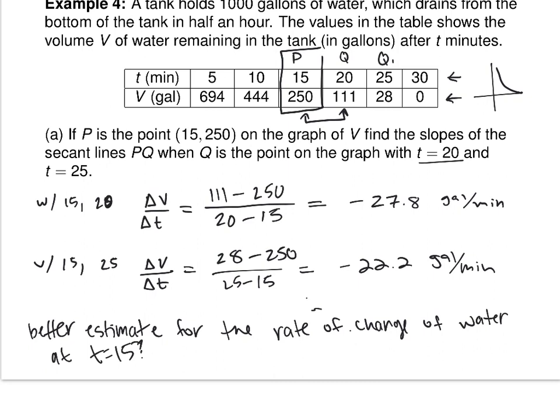Why? Closer to. Yeah, this one, because 20 and 15 are closer together than 15 and 25, and more could have changed in that time, right? Exactly. Another way to get another estimate would have been to use 10 and 15. You could have used the numbers closest to 15 on one side and closest to 15 on the other side. Does that make sense? Use one below, one above, and then you take the average.